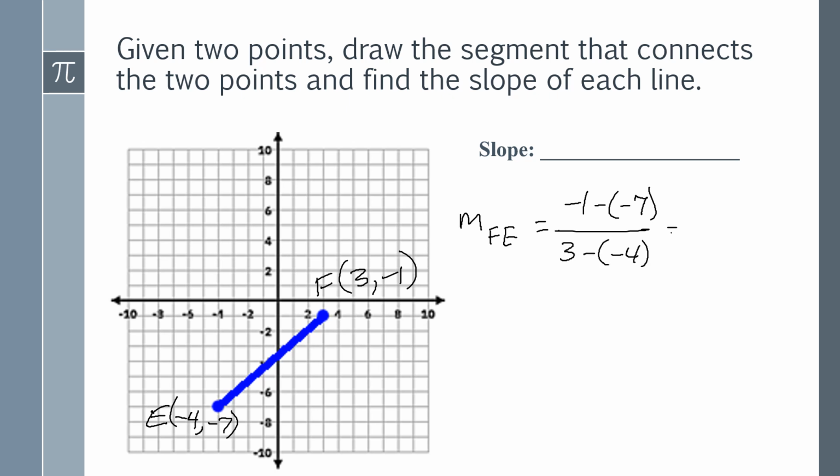And we may want to just rewrite this as negative 1 plus 7 over 3 plus 4. And we end up with negative 1 plus 7 is 6, and 3 plus 4 is 7. So our slope is 6/7.